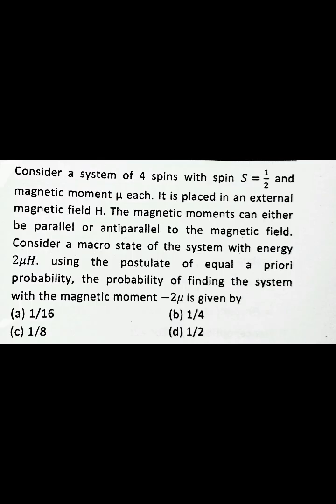Next question is, consider a system of 4 spins with spin s = 1/2 and magnetic moment μ each. It is placed in an external magnetic field H. The magnetic moments can either be parallel or anti-parallel to the magnetic field. Consider a macro state of the system with energy 2μH. Using the postulate of equal a priori probability, the probability of finding the system with magnetic moment −2μ is given by dash.